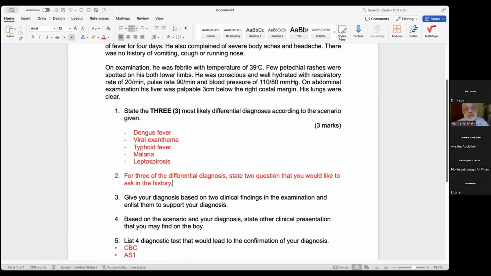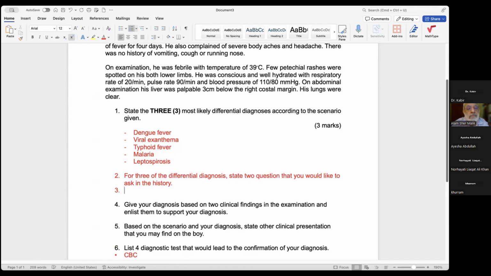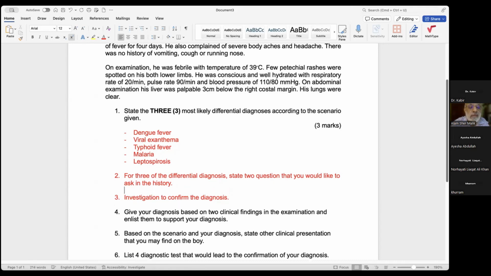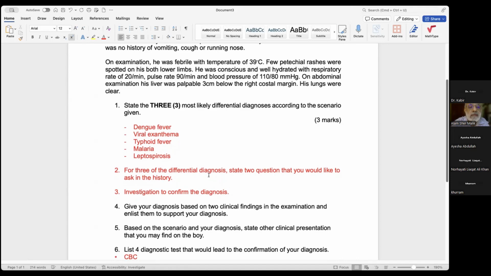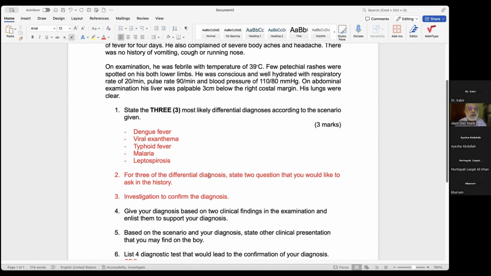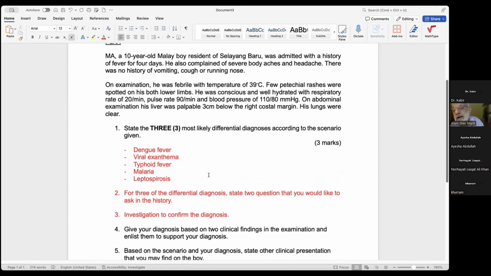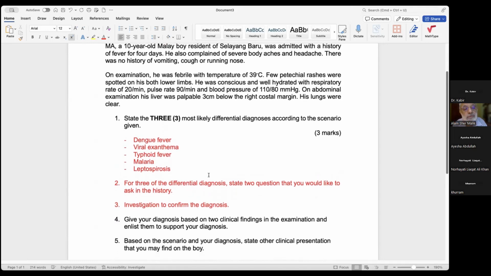But then here we have to cover all the possible differential diagnoses in our model answer. For example, you have given 5 here and you are asking for 3, so your model answer must cover all the 5 differential diagnoses, because students may choose any.